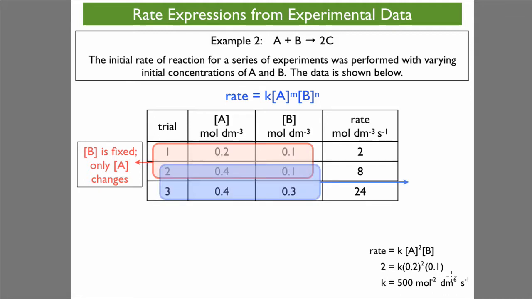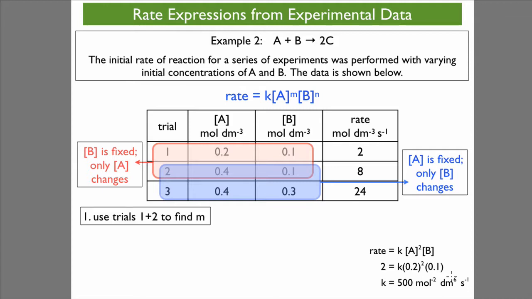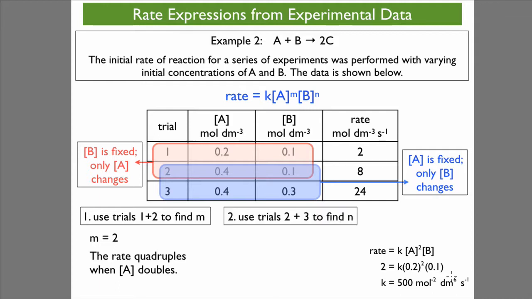And in trials 2 and 3, we're keeping the concentration of A the same, and we're tripling B. So we can use trials 1 and 2 to find m, and m would equal 2. The rate quadruples when A doubles. And we can use trials 2 and 3 to find n, and n would equal 1 because the rate triples when B triples.